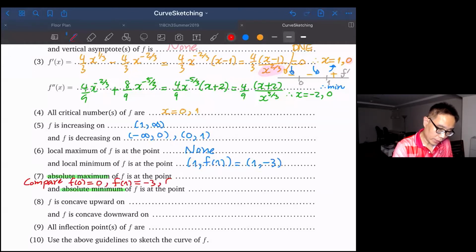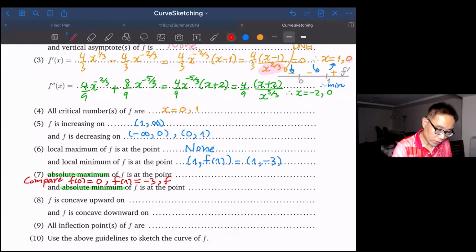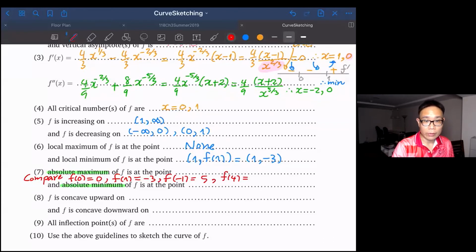At the endpoints, the endpoints for this one are -1 and 4. f(-1) turns out to be 5, and f(4) turns out to be equal to 0. So you have these two.